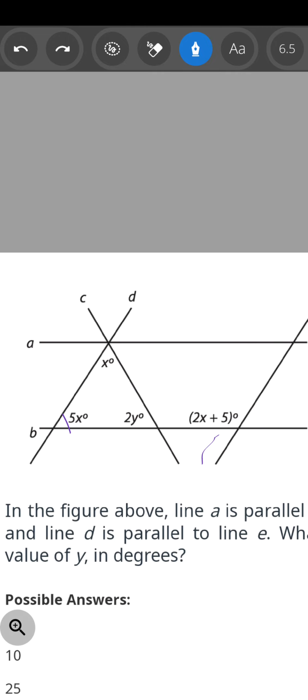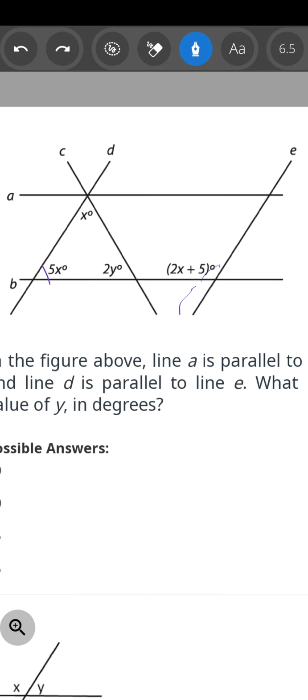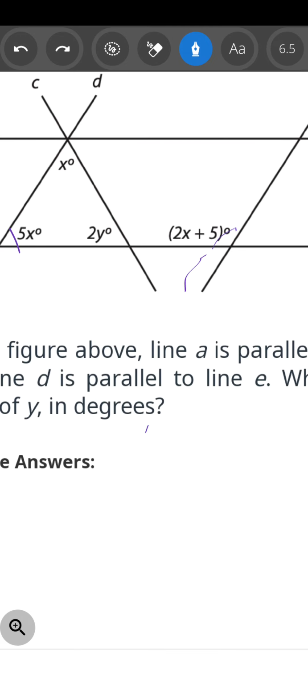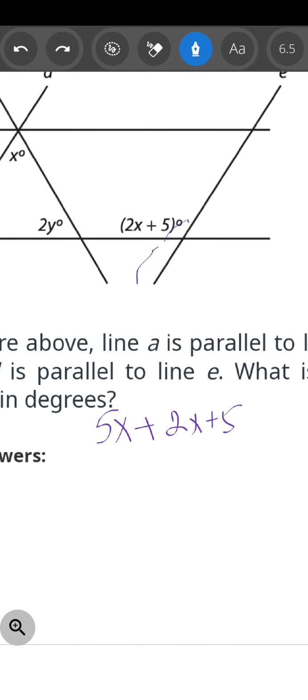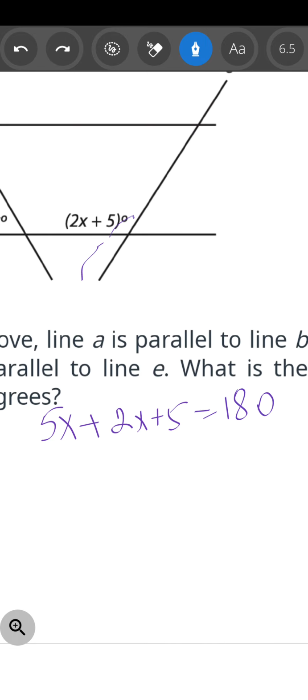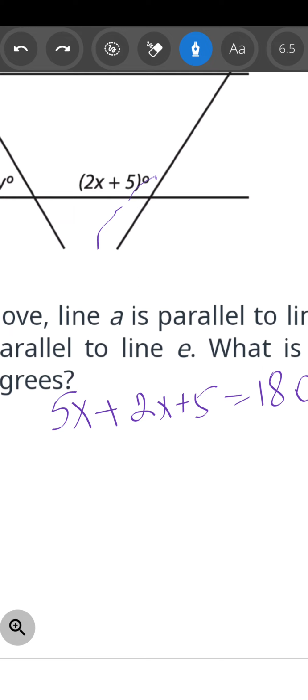Firstly, we can say that the angles 5x and 2x plus 5 are supplementary angles. It means that their sum must be equal to 180 degrees. So let's write 5x plus 2x plus 5 is equal to 180 degrees. Combining like terms, we'll get that 7x plus 5 is equal to 180.